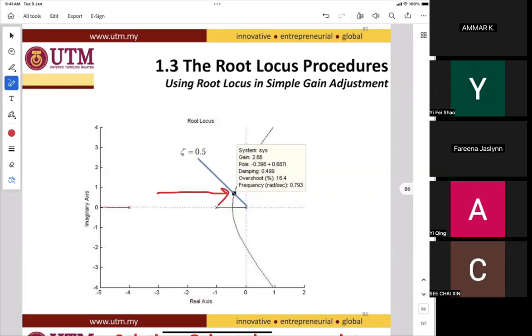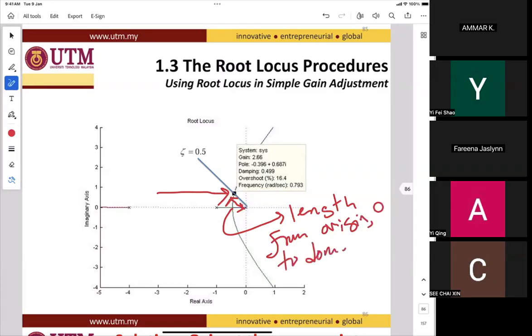So actually the length from the origin to the dominant poles is omega n, which is 0.793.